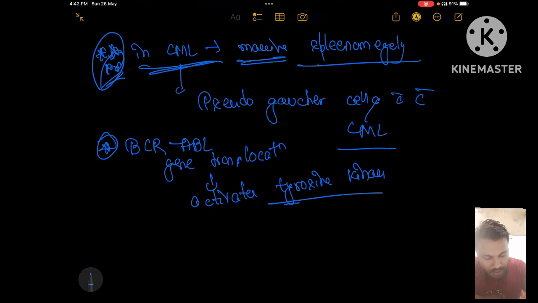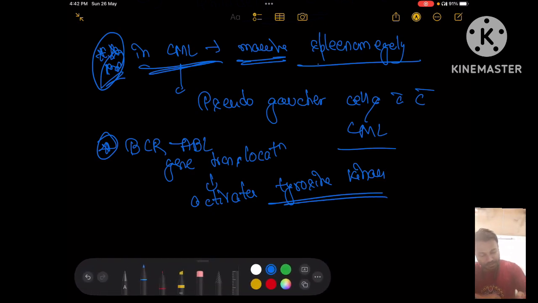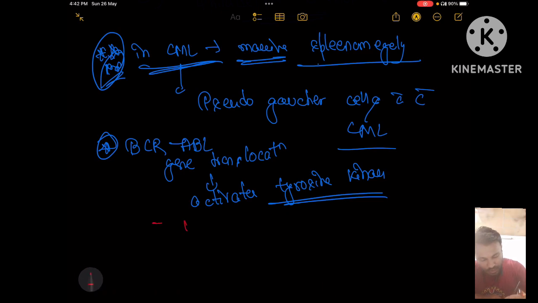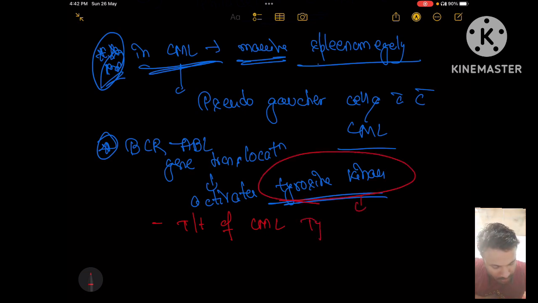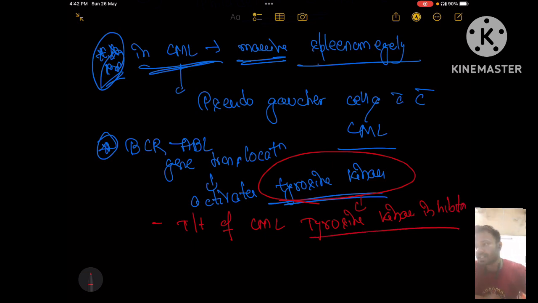So what is the treatment of CML? Treatment of CML is tyrosine kinase inhibitor. What is this?